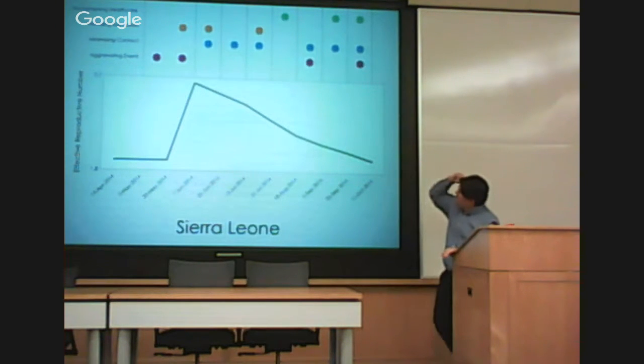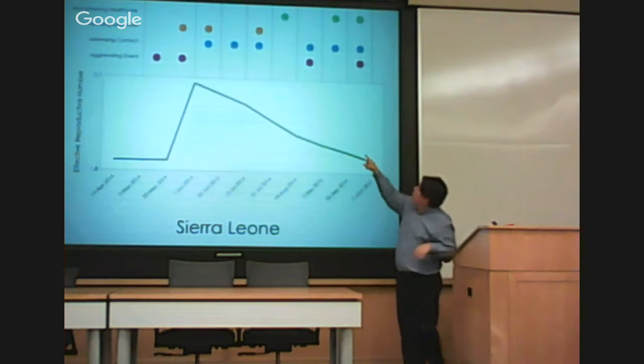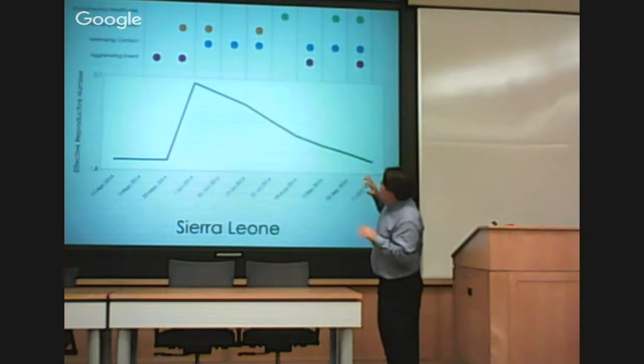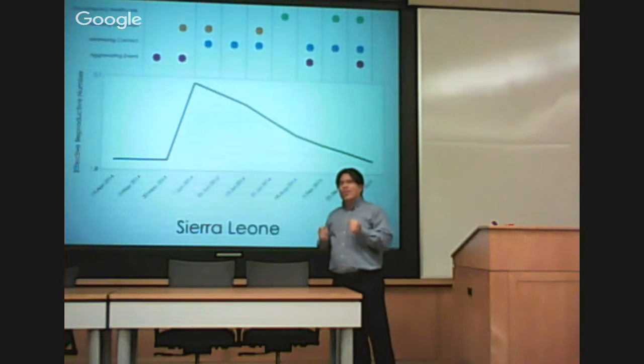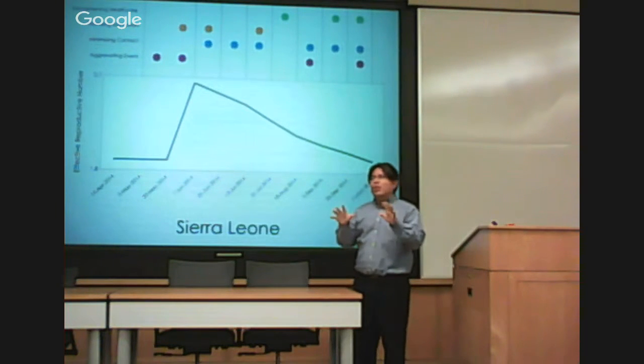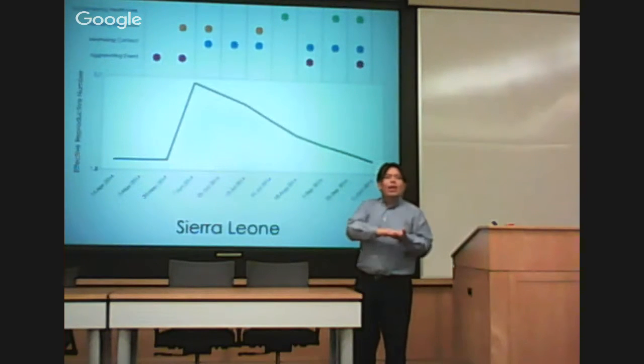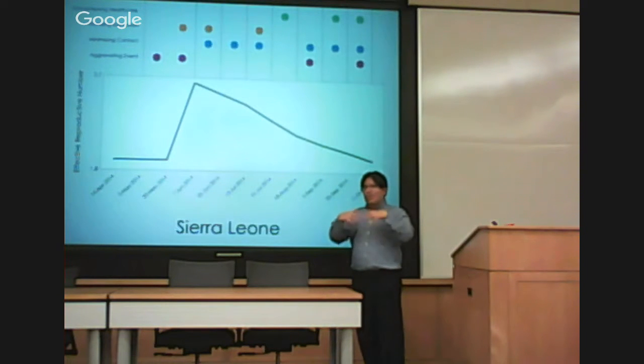The red or purple dots are news reports that suggested that something, for example, like a burial happened and massive numbers of people showed up and touched the body as part of the culture in Africa. And so that really made cases emerge.